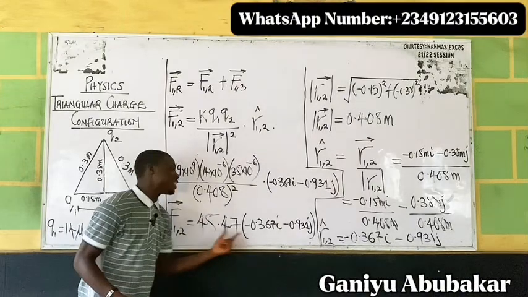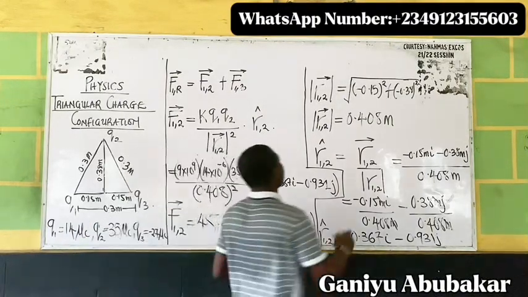Alright, let's now get the final value of F12. I'll use this value to expand the bracket and see what we get.